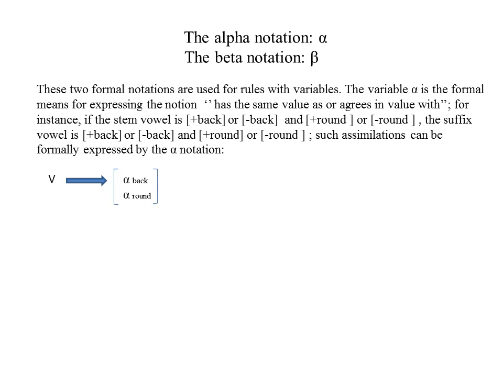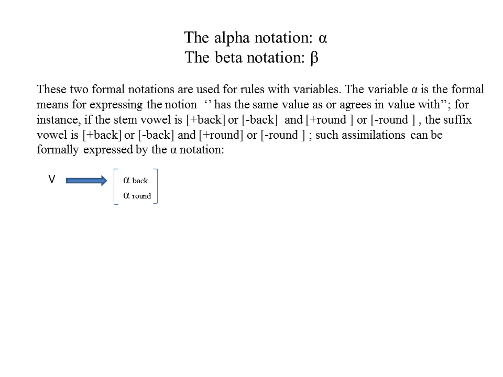If we interpret the alpha in the back feature as plus, it is necessary to be plus round. If we assign the plus value to the alpha notation in the back feature, we must assign the plus value to the alpha notation in the round feature.